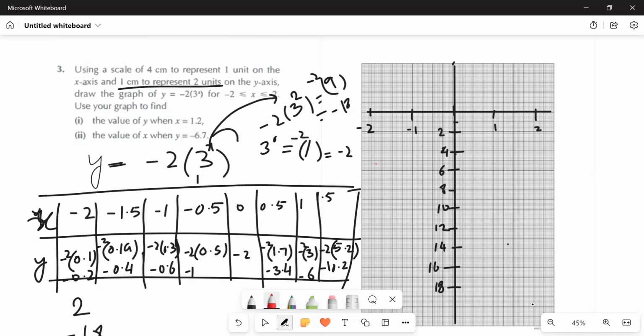For minus 2, it is minus 0.2. Minus 0.2. So minus 0.2 will be here, and it is minus 0.4.